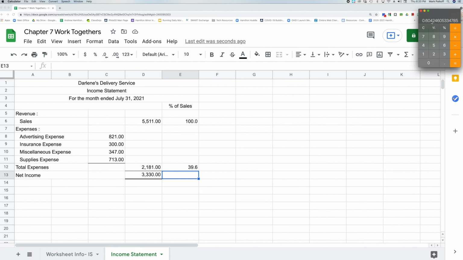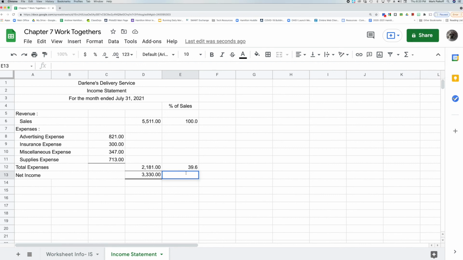And if we move the decimal point 2 places to the right, that will give us 60.42. And since the number 2 is less than 5, we can just leave the number as it is, which is 60.4. So the percentage of sales for net income is 60.4%. And these two numbers, when added together, should equal 100.